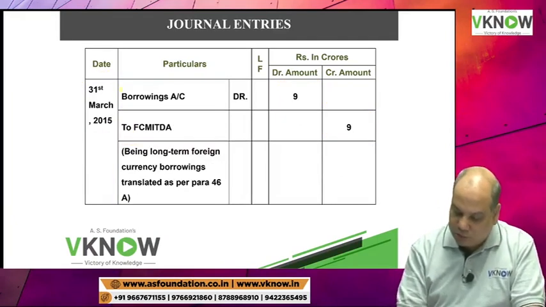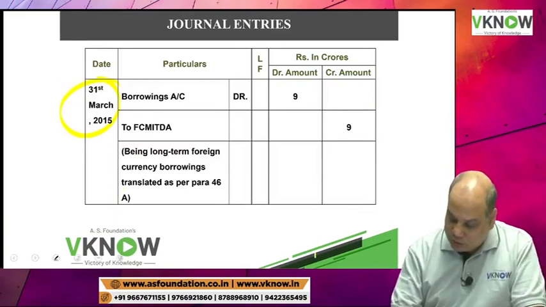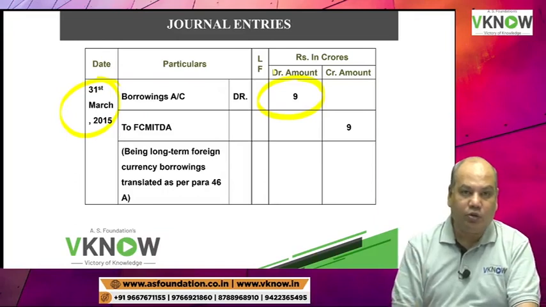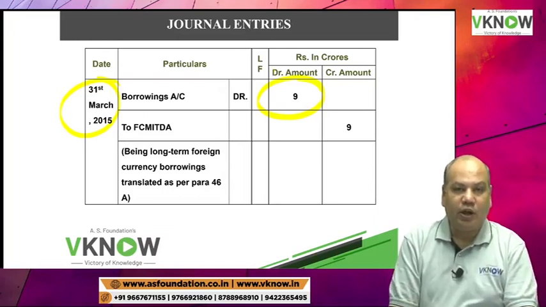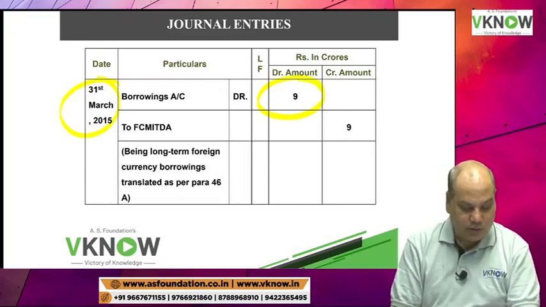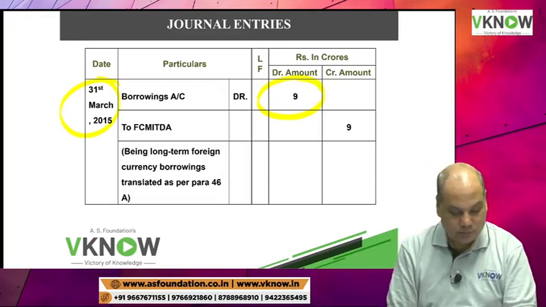Next, write down 31st March 15. Look at your table. This year also there was a gain of 9 crore. You can calculate 9 crore into 1 rupee reduction in exchange rate.